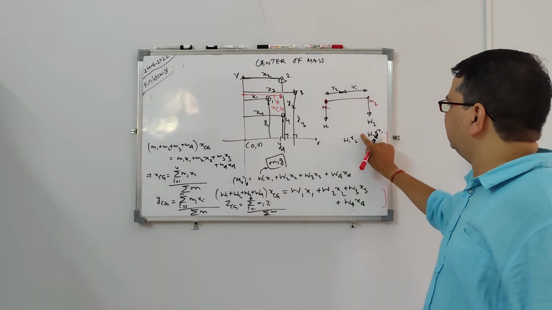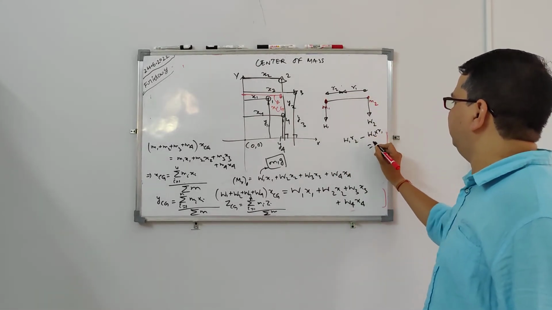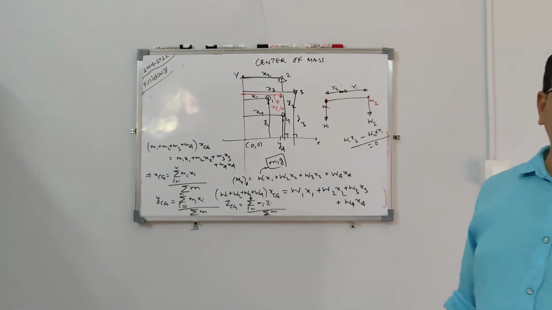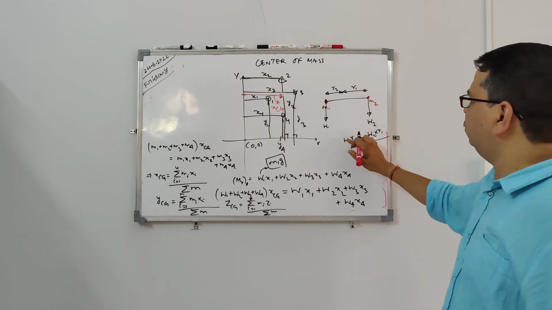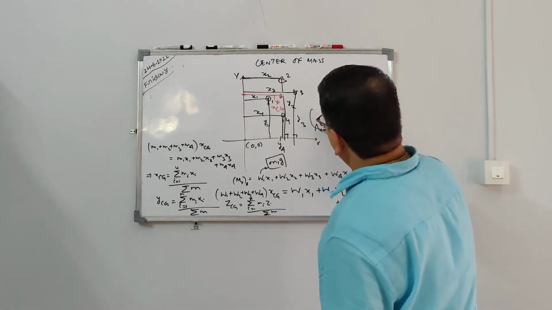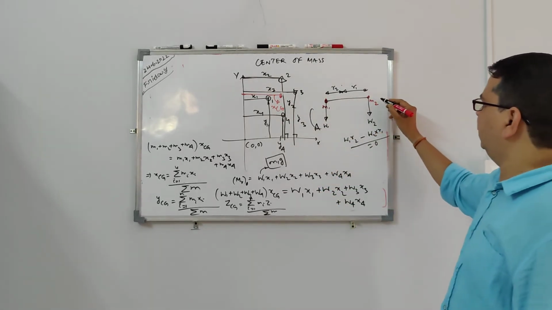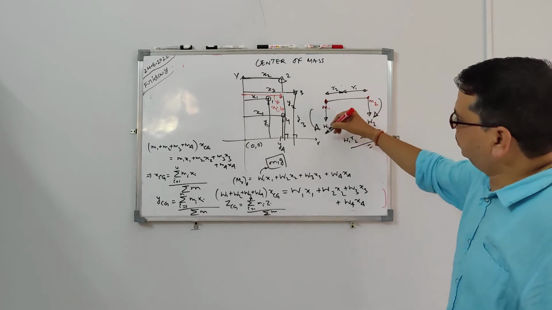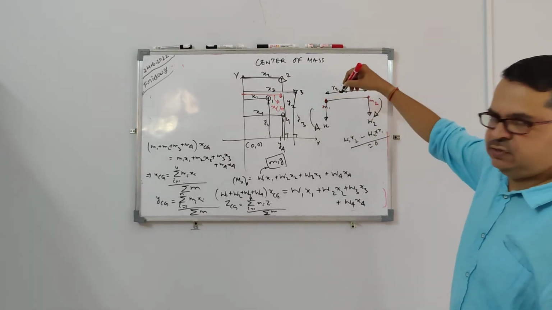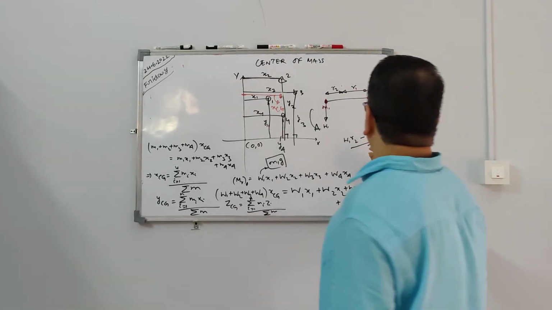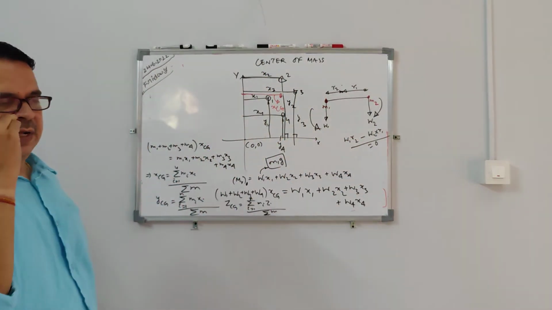So this minus this is equal to 0. One moment will be clockwise and the other anti-clockwise, so these two moments will cancel out each other.